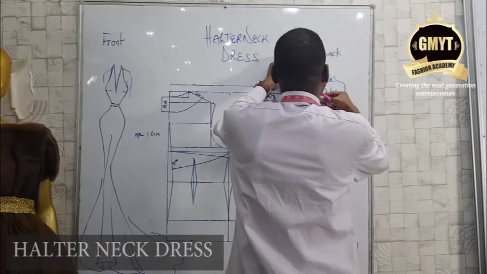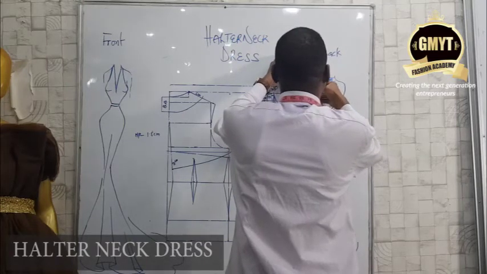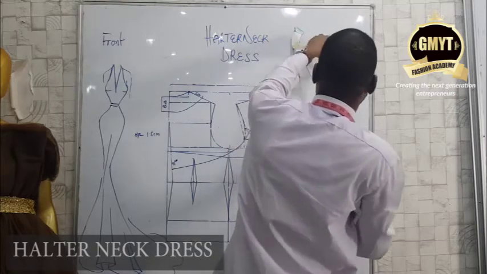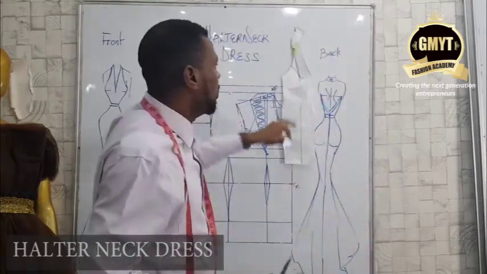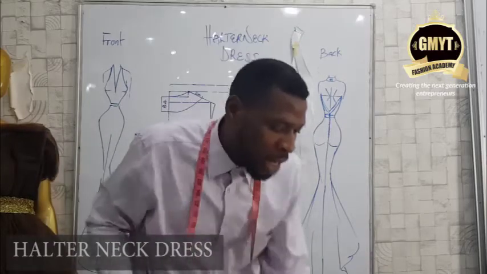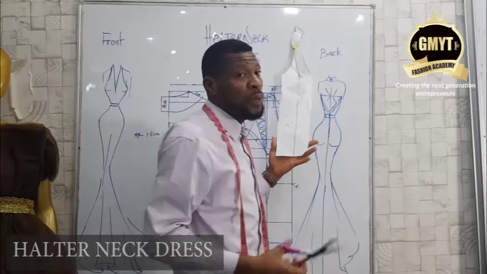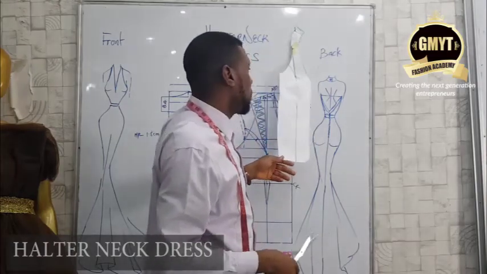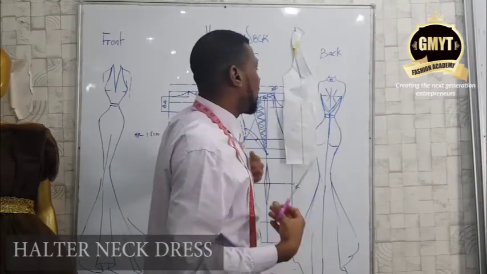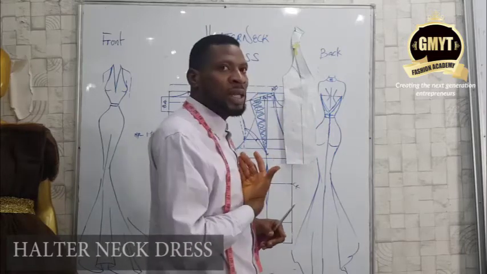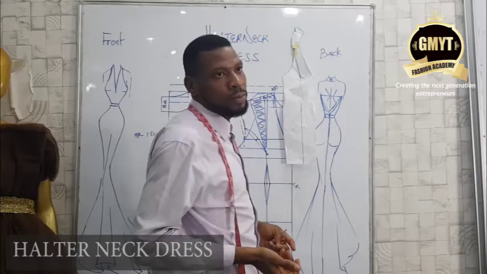Now I'm trying to cut out my neckline so that it looks the same as what you have in mind. So you can see now, this is my center front fold. Now I can cut this out. You know we said we are working with an empire dart. An empire dart shows that there will be what? 3 panels in front, the one on the center front and the ones to the side.